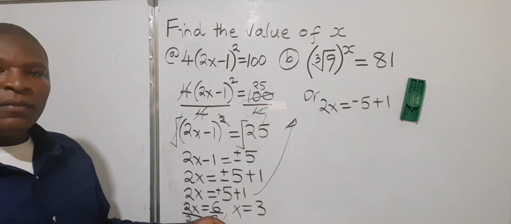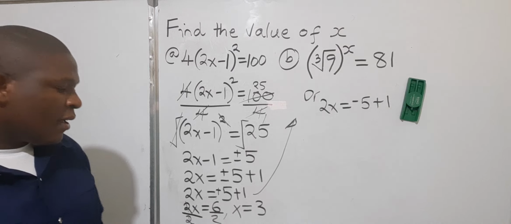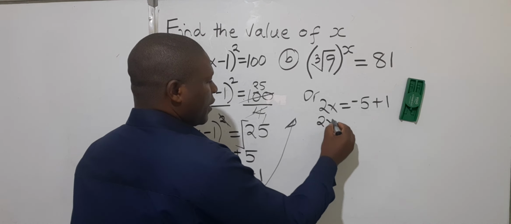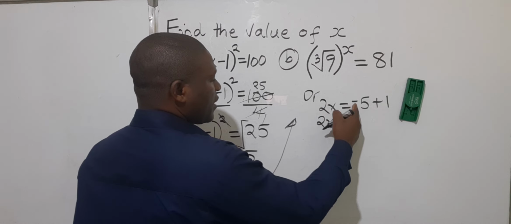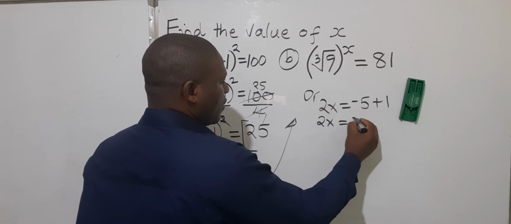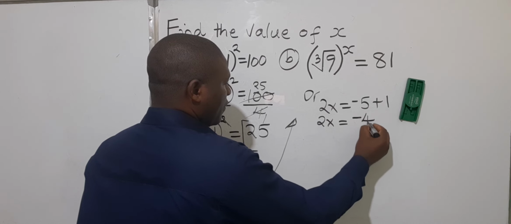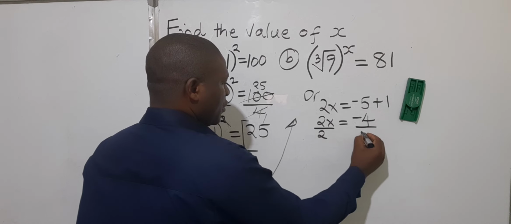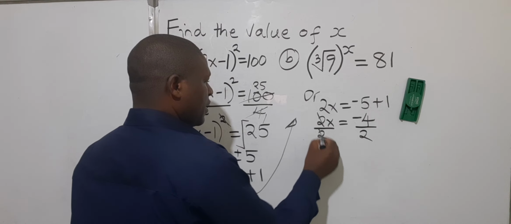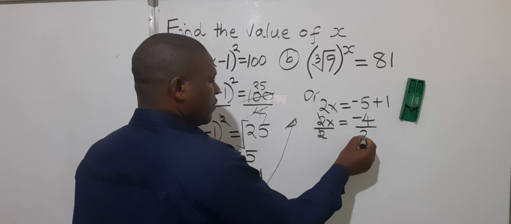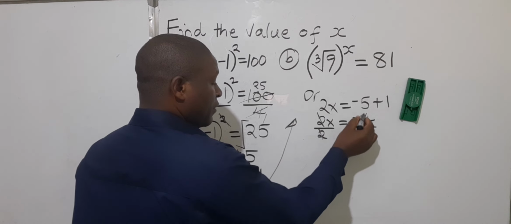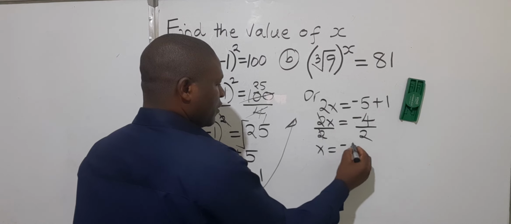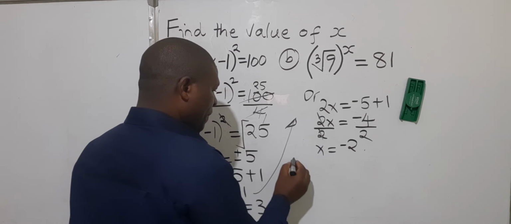So we have the value of x for the first one, and the second one is going to be 2x equals to negative 5 plus 1. We're going to get a negative 4. Divide both sides by the coefficient of x, which is 2. This and that will go. Positive 2 into negative 4, you get negative 2.